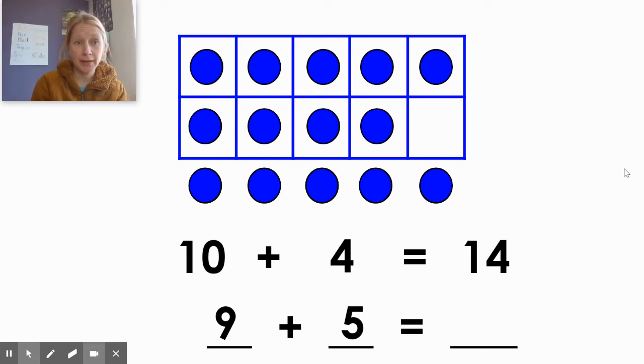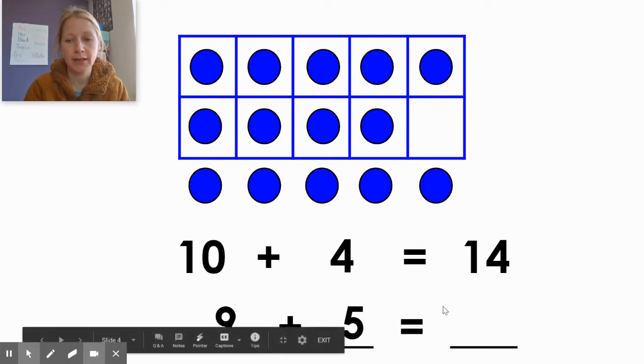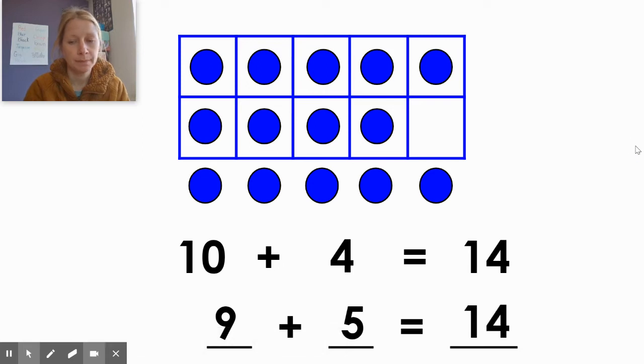And now I have 9 plus 5. Let's double check and make sure we have the same value. 1, 2, 3, 4, 5, 6, 7, 8, 9, 10, 11, 12, 13, 14. I still have 14. It just looks different, right? So 9 plus 5 equals 14.